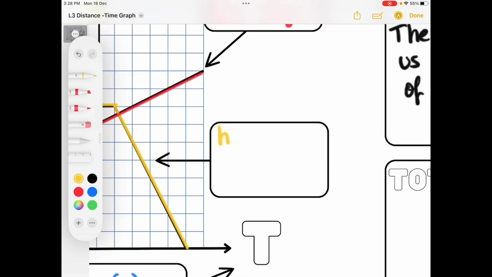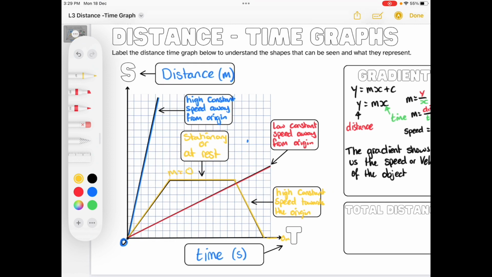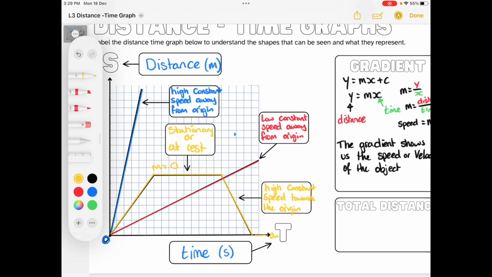So we could say it's high, once again constant speed, but this time we're going back to this original line, because remember this is 0 meters, so it's towards the origin. Okay, now there's one more that we could describe. We'll come back to that in 1 second.